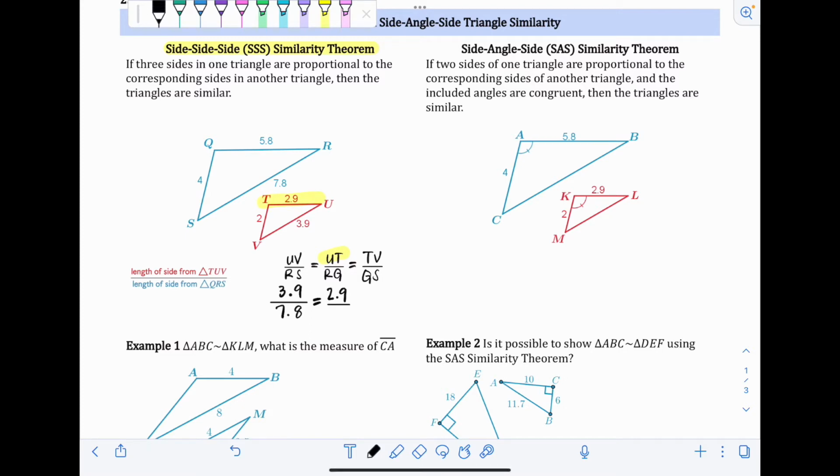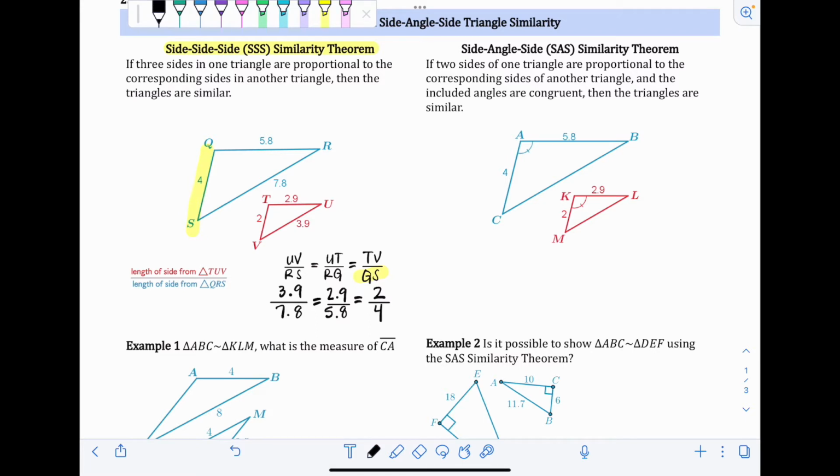And then that should be over RQ, which was 5.8. And then that should be equal to TV should be next. So TV was 2 over QS, which was 4.